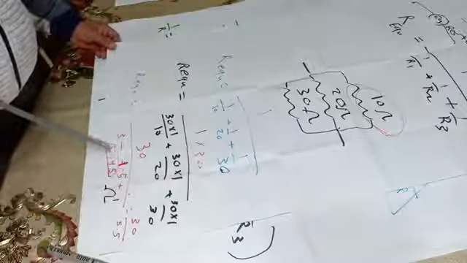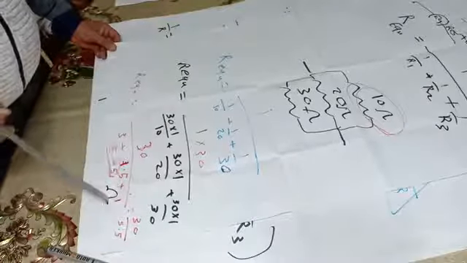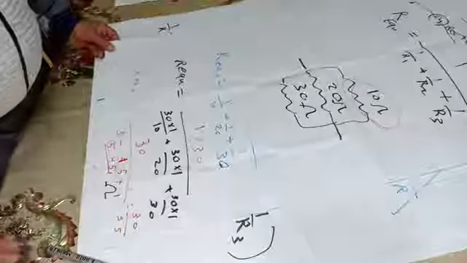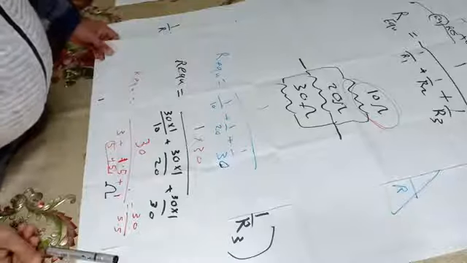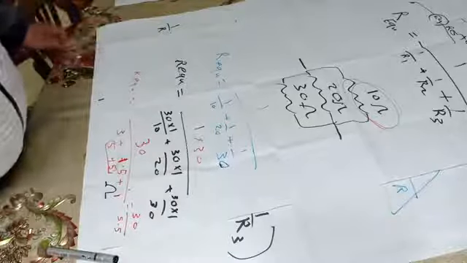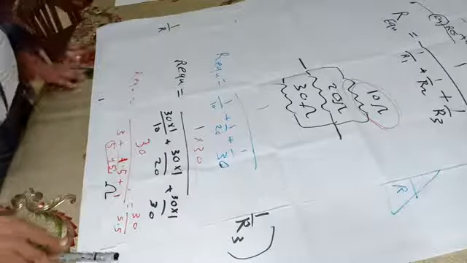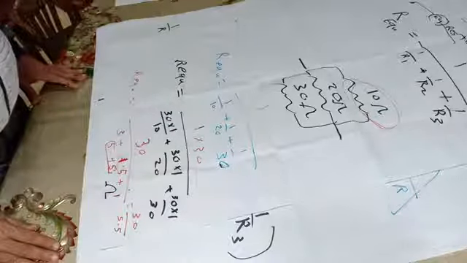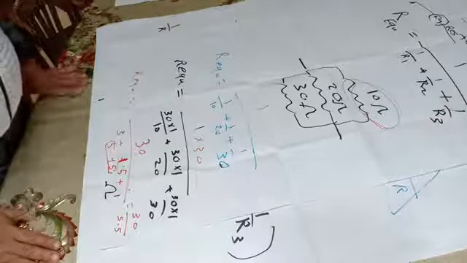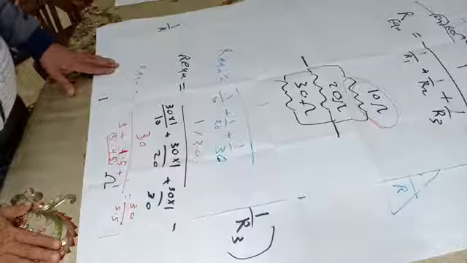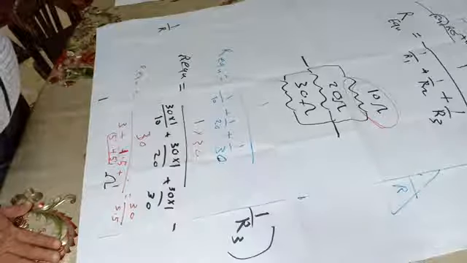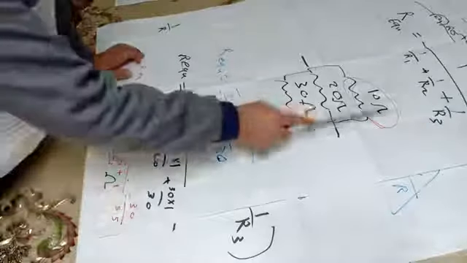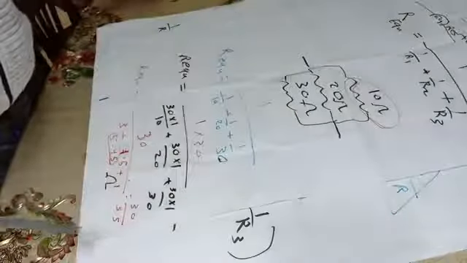It becomes 5.45 ohms. It's really easy. We can calculate by calculator in simplest way. To check the result, the resultant equivalent resistance must be less than the smallest resistance here.